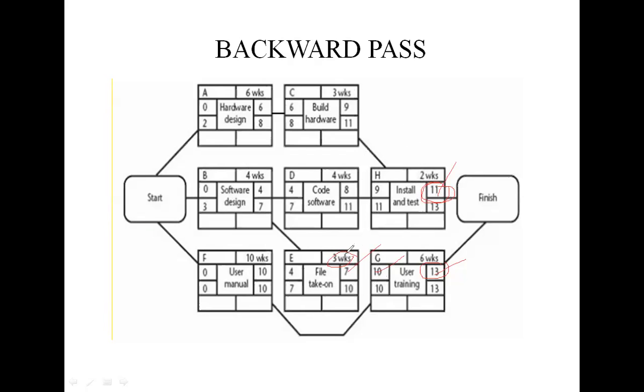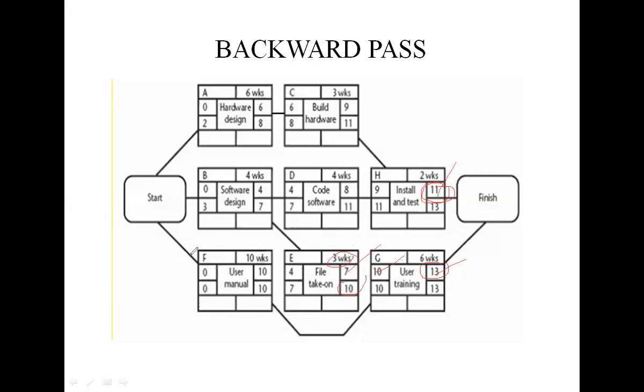Then we move to activities E and F, which must be completed by 10. Their latest start for E is week 7, that is 10 minus 3, and for F it is 0, that is 10 minus 10.